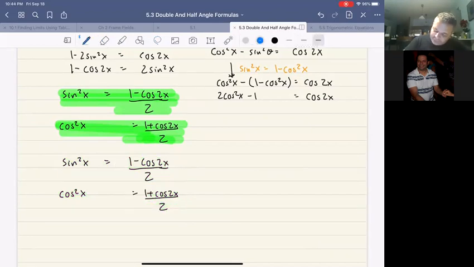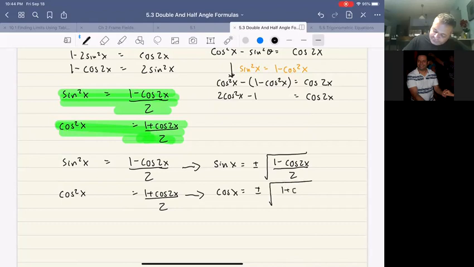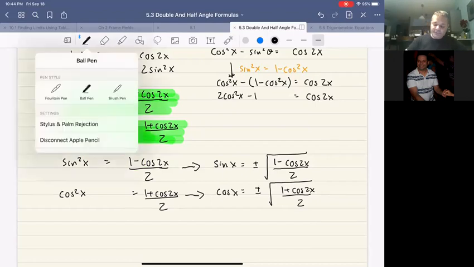If we take the square root here, we get sine of x is plus or minus the square root of 1 minus cosine 2x divided by 2. Cosine x is plus or minus the square root of 1 plus cosine 2x divided by 2. Now all we have to do is replace x by 1/2 theta.